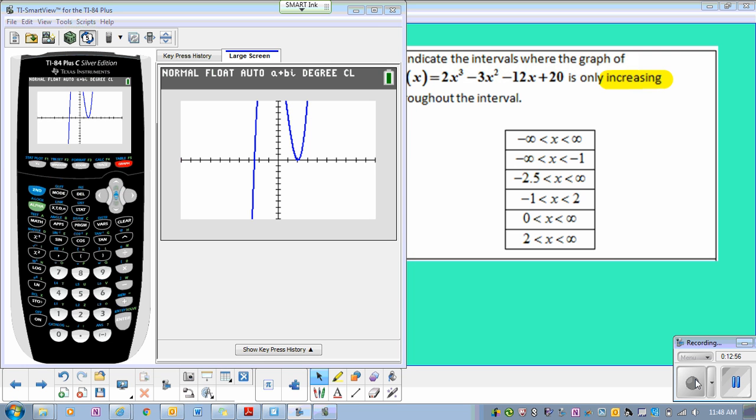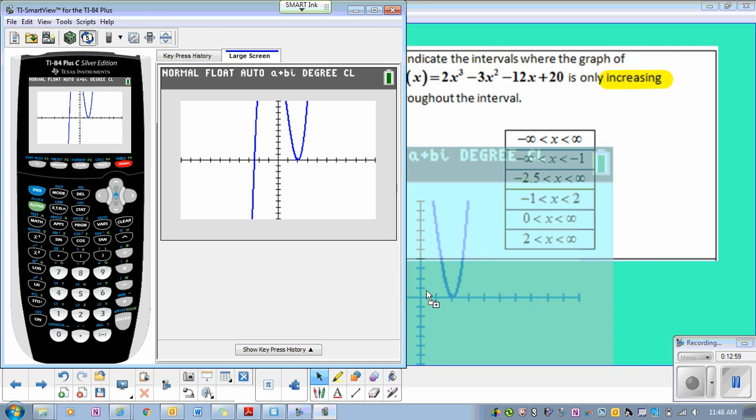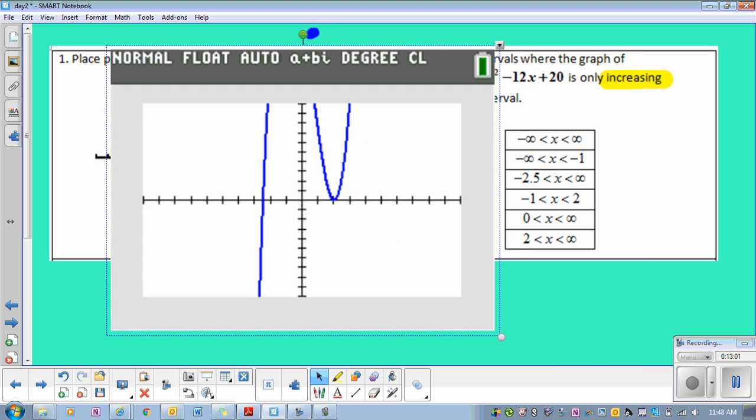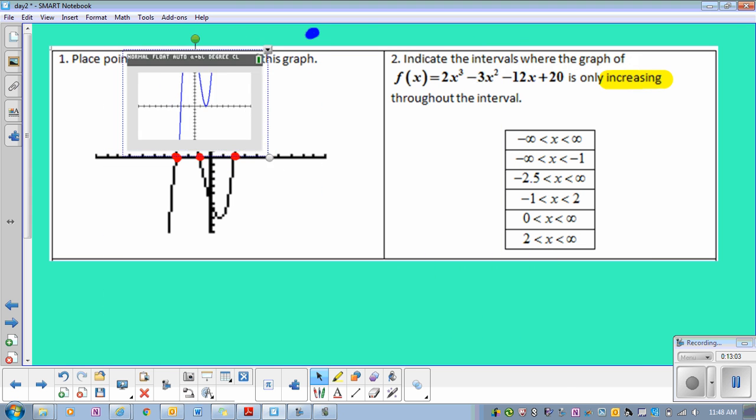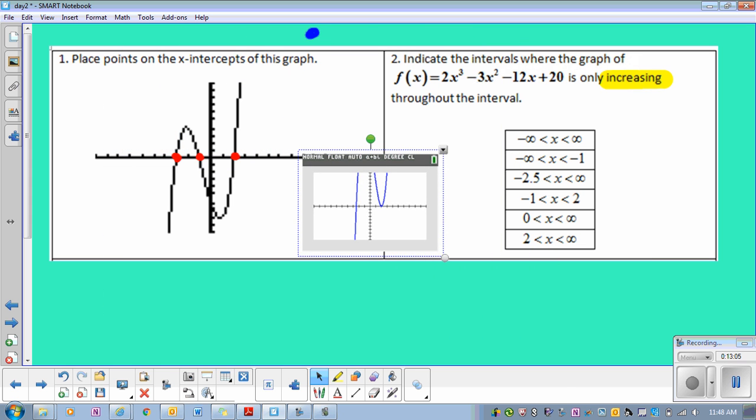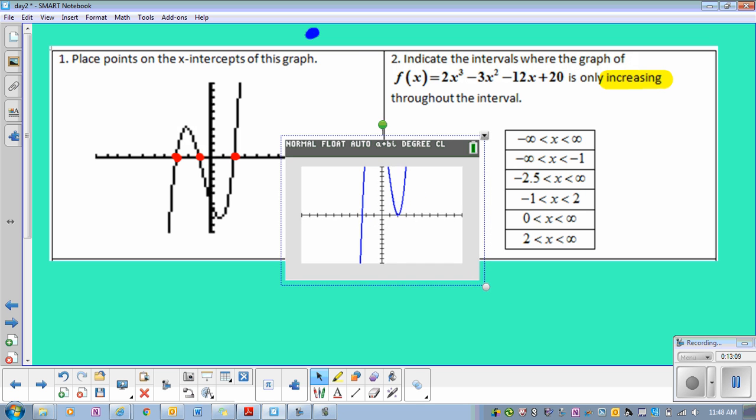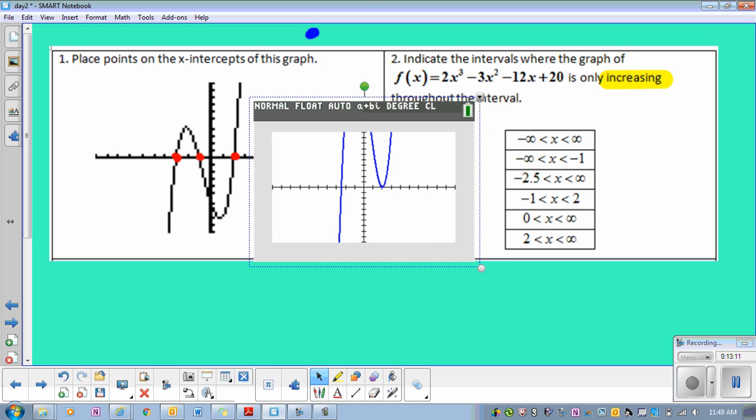So you have this graph. Don't get stressed out about not being able to see the whole graph. You may not even need to. Let's see what we have as our answer choices. Increasing: we know that this is technically going down, and this is going up.